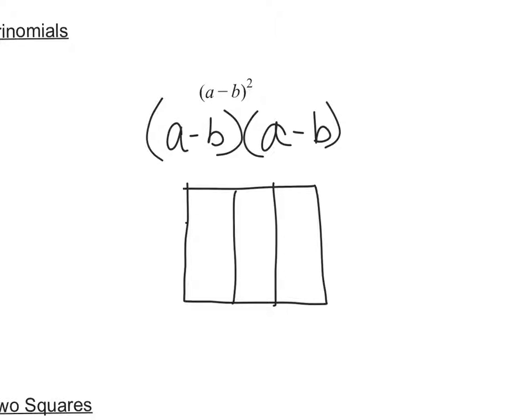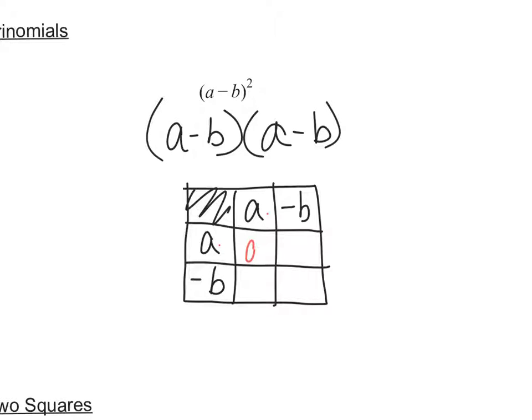If you like FOIL, use FOIL instead. That's fine. We should get the same answer. So I have a minus b, a minus b. So a times a is a squared. A times negative b is negative ab. A times negative b is negative ab. Finally, negative b times negative b is positive b squared.